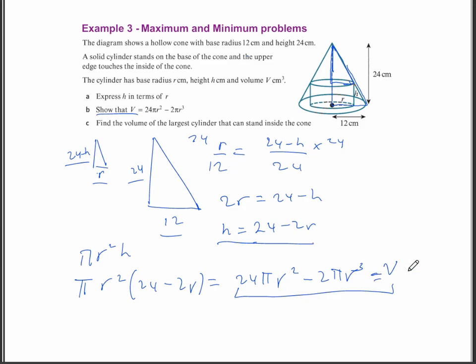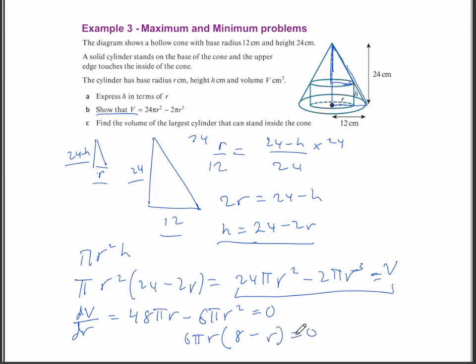Therefore, the first thing we'll do is find the derivative of v with respect to r, and that is going to equal 48 pi r minus 6 pi r squared. And you want the stationary value, so you want this to equal 0. What we can do here is just factorize it further. We will get 6 pi r on the outside, then 8 minus r equals 0.